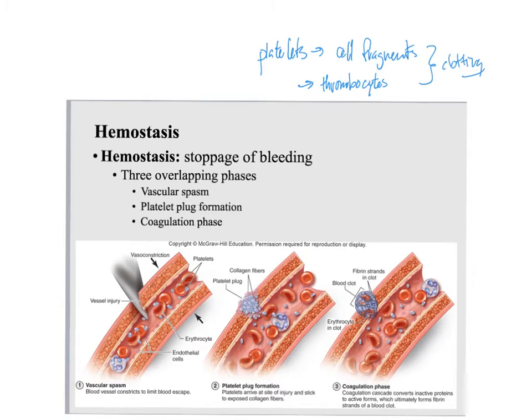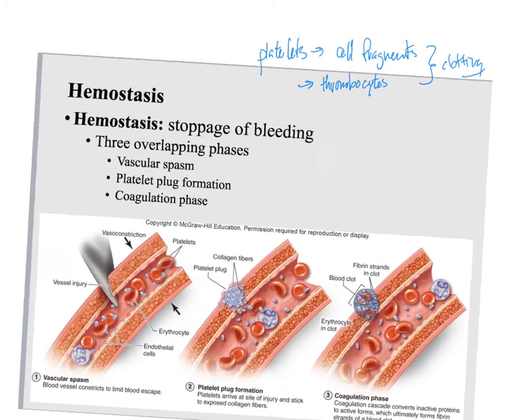And the process of hemostasis is really three overlapping phases. Vascular spasm, platelet plug formation, and the coagulation phase, or clotting. The blood coagulates. We're going to go through how this happens.